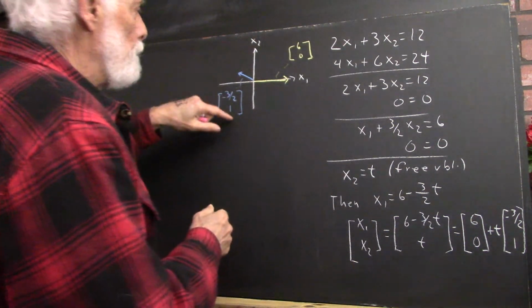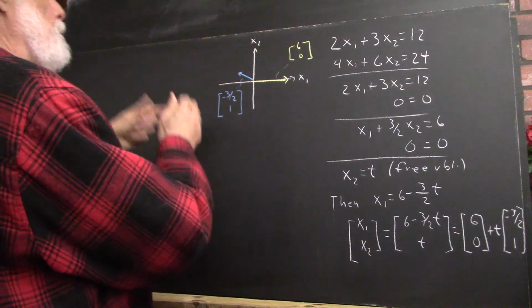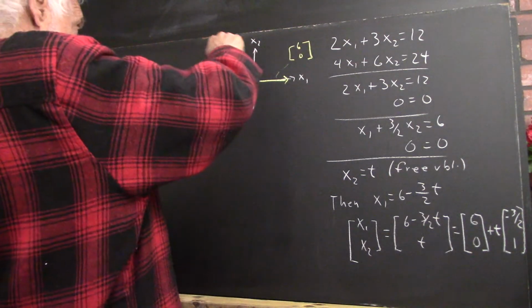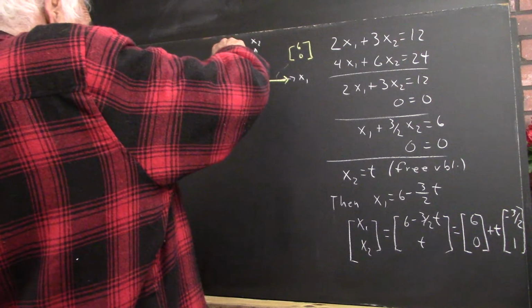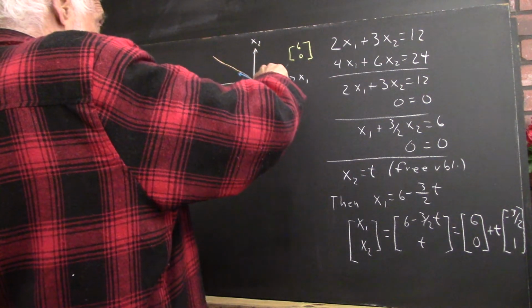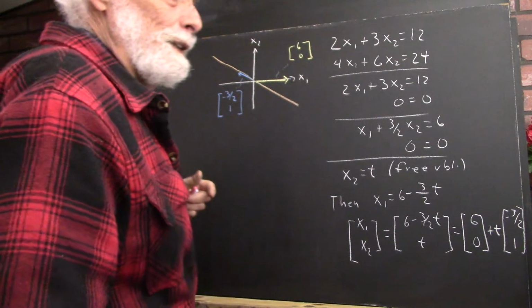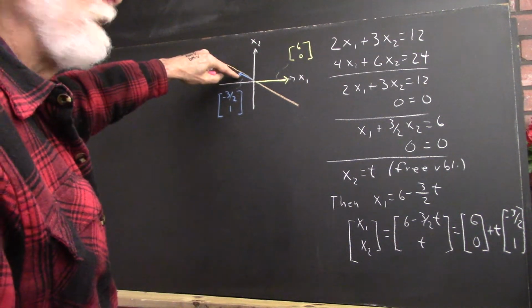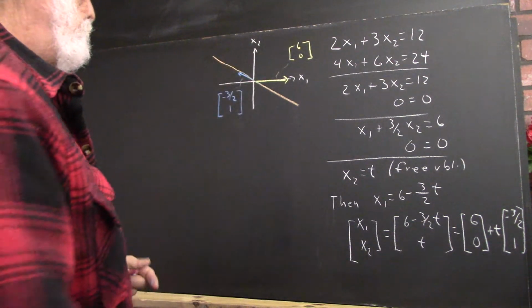So the tips of all the vectors that you get if you multiply negative 3 halves 1 by t are going to lie along a straight line. Try to make that line straight, but okay. A straight line parallel to t through the origin.